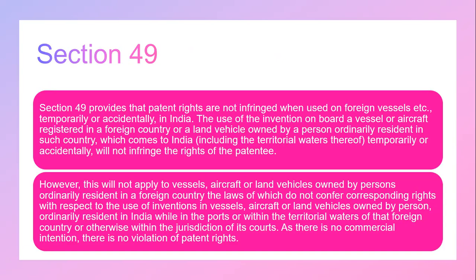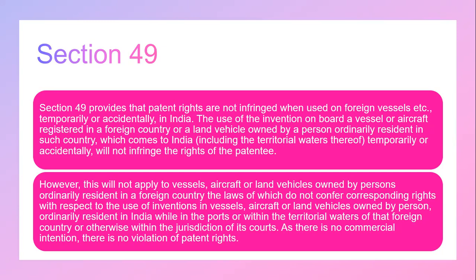They might give you the crux of the section and ask you to pick the correct section, or they will give you a problem statement and the answer will be that you have to elaborate section 49. We don't use section 49 in daily transactions of patents, but I have included it because there might be a question on it.